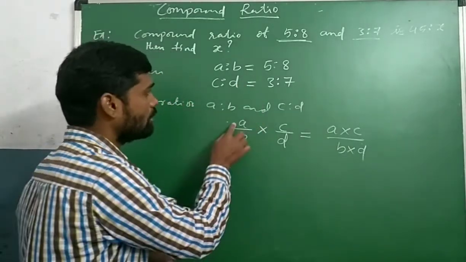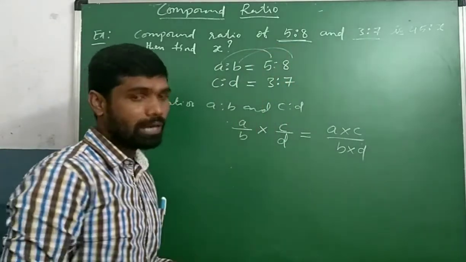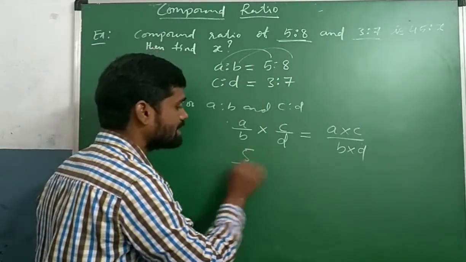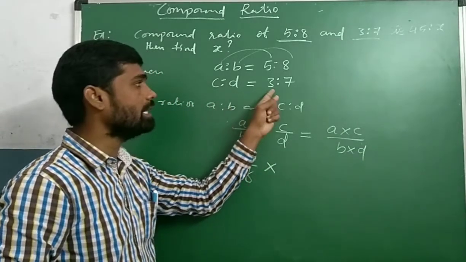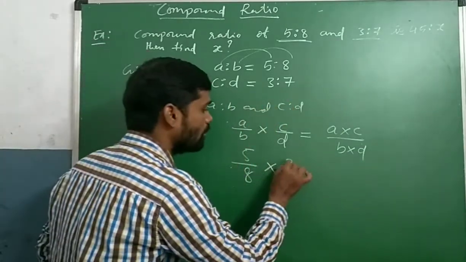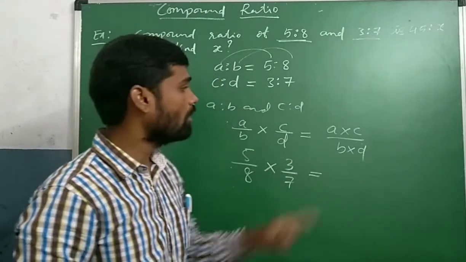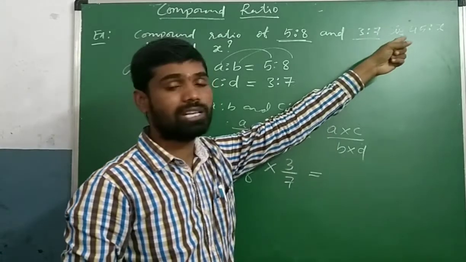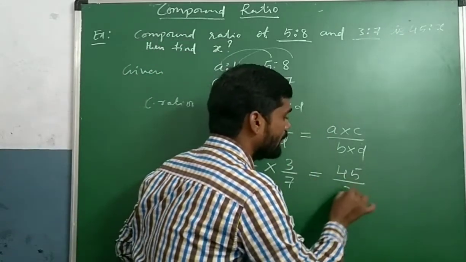So let us substitute the values. A is equal to 5 and B is equal to 8, so 5 by 8 into C by D, therefore 3 by 7. It is equal to the compound ratio, which is already given as 45 by x.